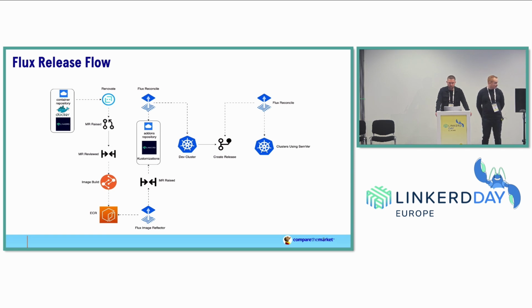When validated in non-prod, we then update the exact release version to all production clusters. This process ensures a controlled, automated rollout of new versions while keeping deployments consistent and reliable.